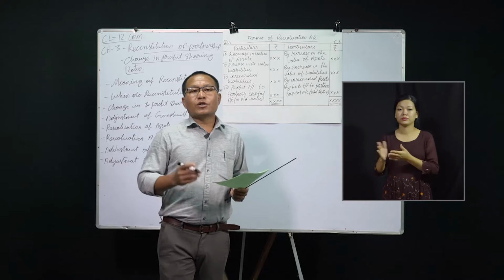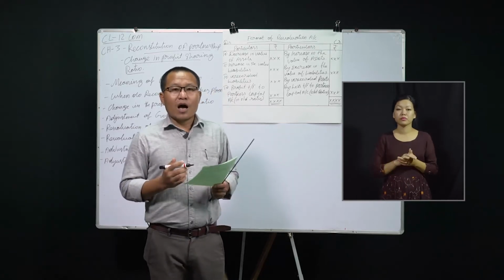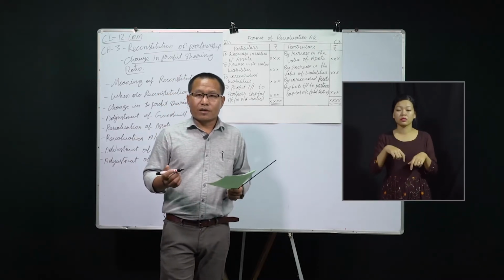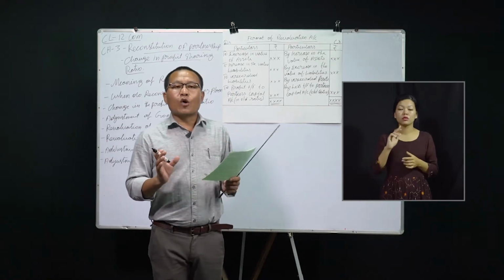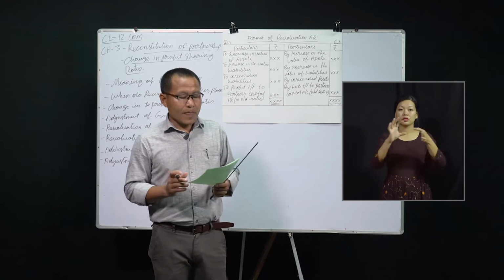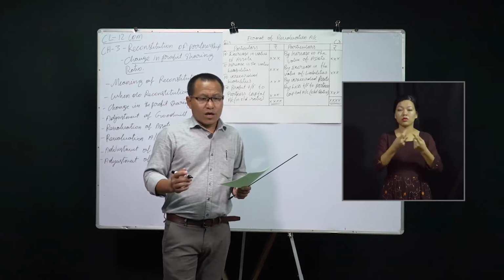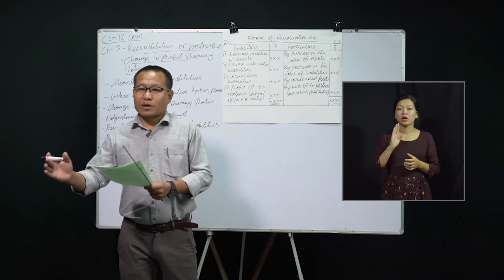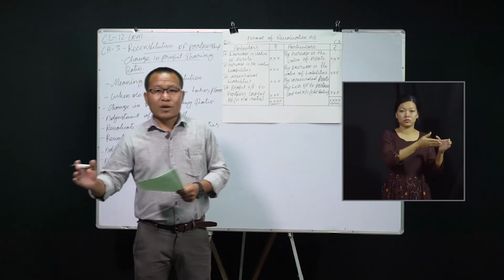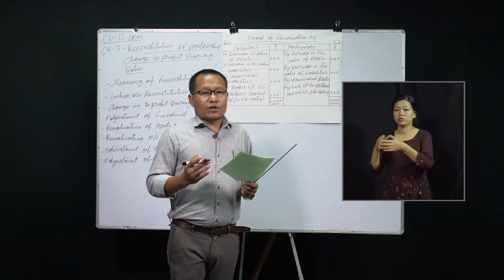Next we have amalgamation. Amalgamation means clubbing of two or more business firms. When the business is taken over, or when the business joins another business firm, there should be certain changes.